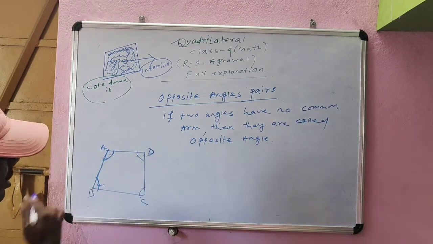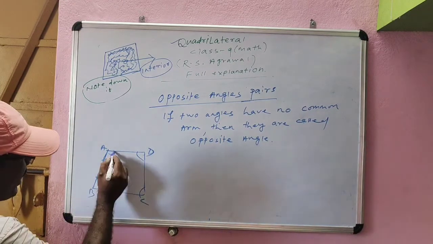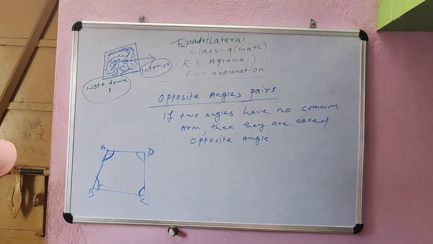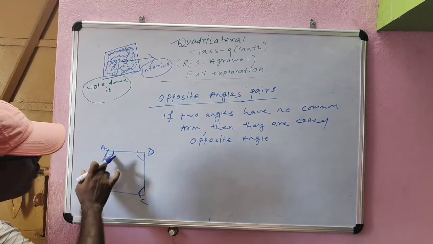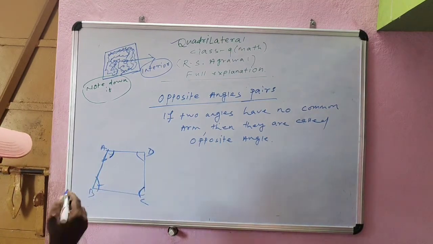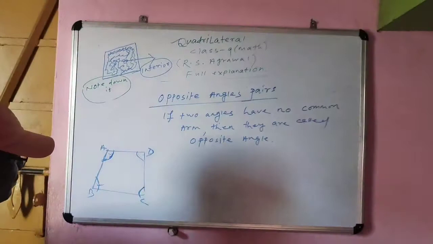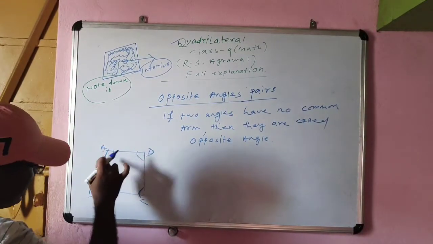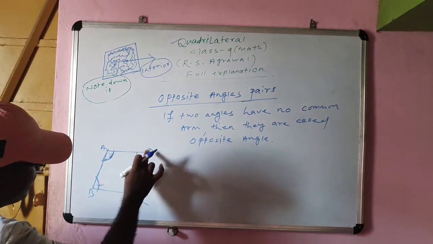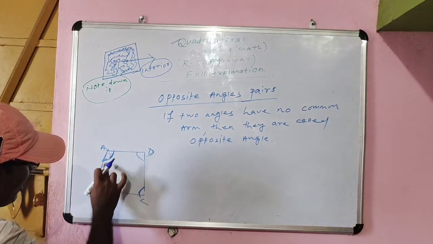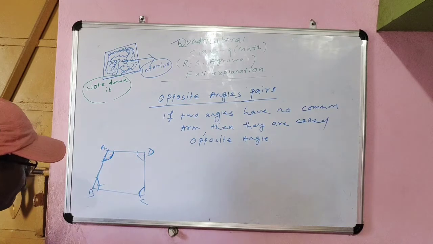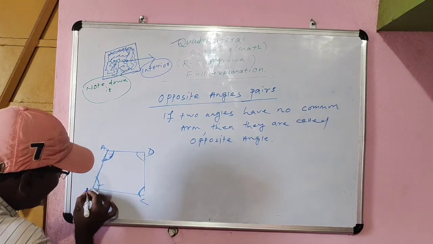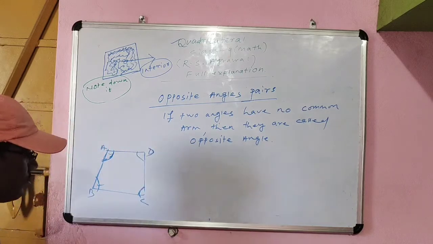In this quadrilateral, if you take angle A and angle C, then you see that these two angles have no common arm. Angle A has two arms, AB line segment and AD line segment. These are the two arms of angle A. Similarly, angle C has two arms, BC line segment and CD line segment.